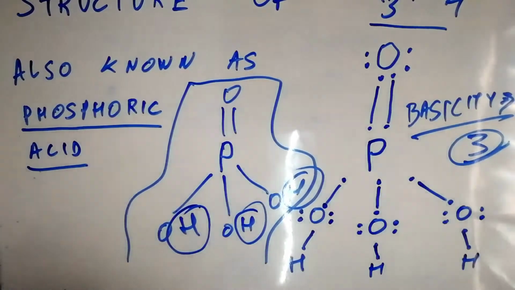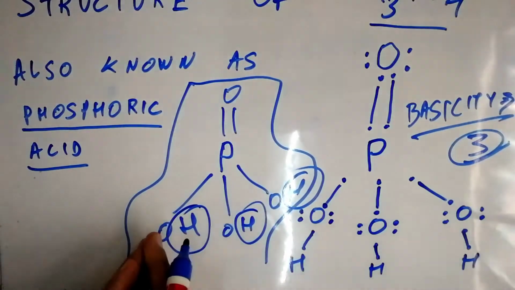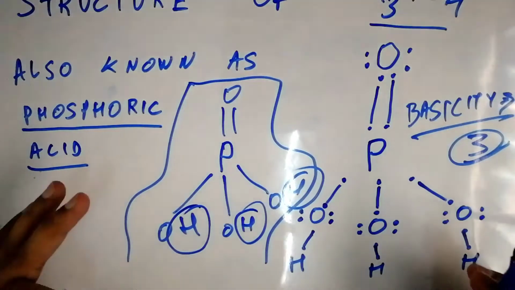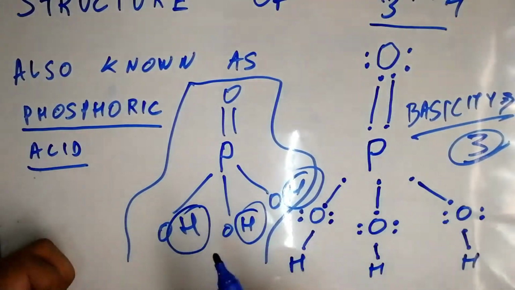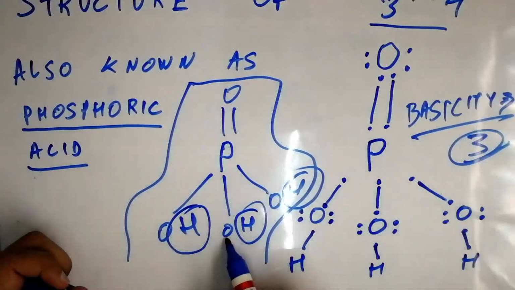One more thing: while calculating basicity, the hydrogen atoms must be connected to a highly electronegative atom. In this case, hydrogen is connected with oxygen.